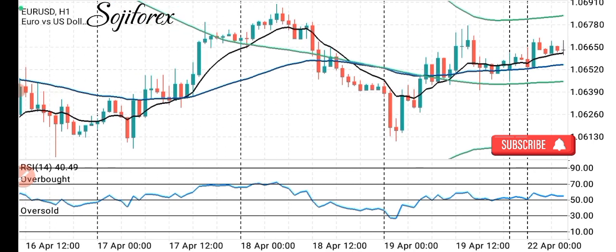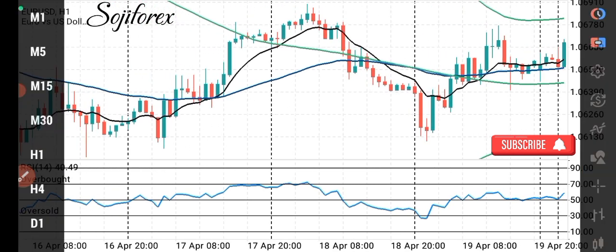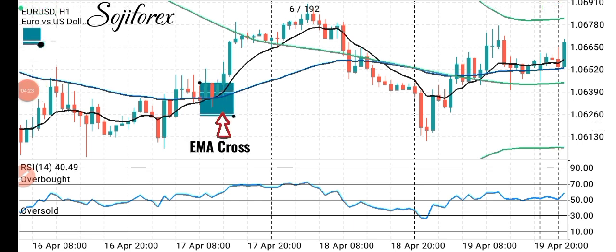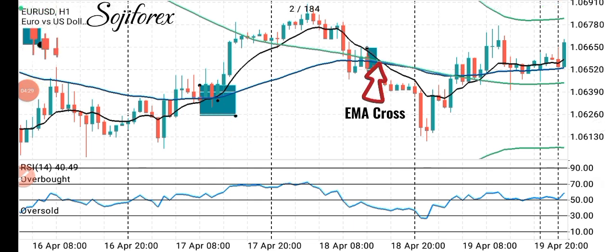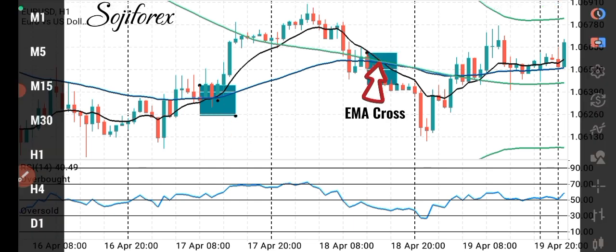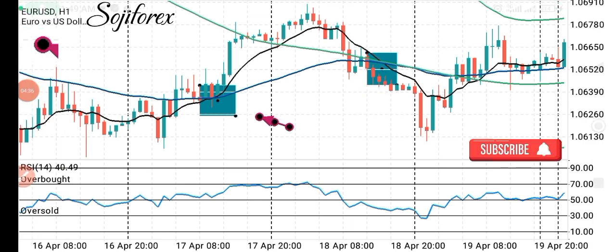Why? Because we can have so many crosses. This is one, this is two. So in this, do you trade? Here the price just crossed, and when it goes to the upside, you buy.